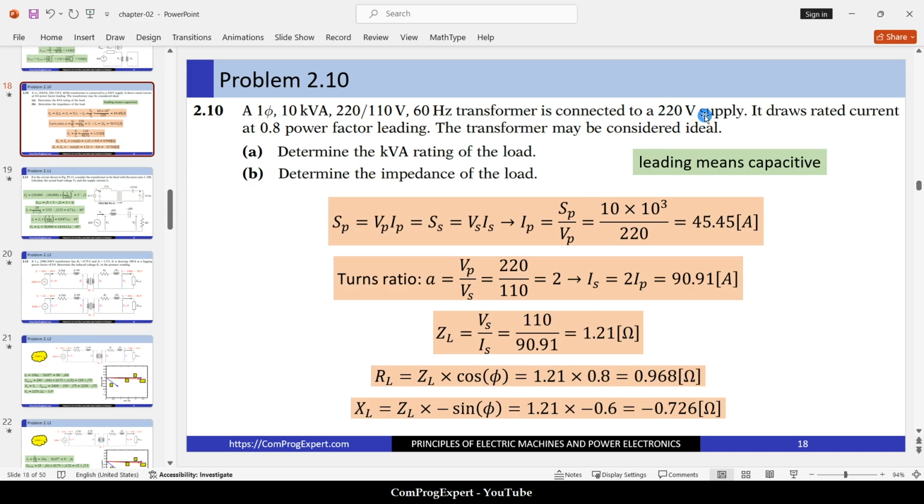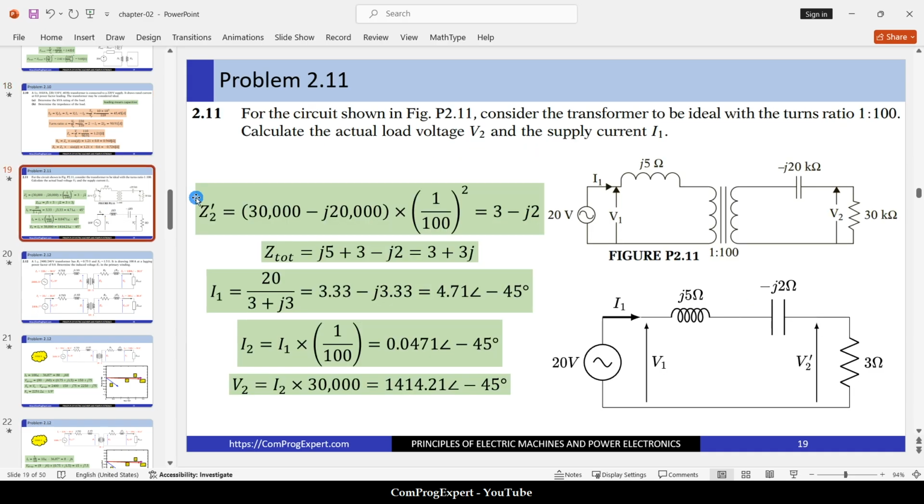The voltage of the supply is the same as the rated voltage of the primary. The load current is the rated one, so this is the rated current of the secondary, and the power factor is leading. Leading means capacitive, lagging means inductive. So you know that. Anyway, let's go for the next problem.